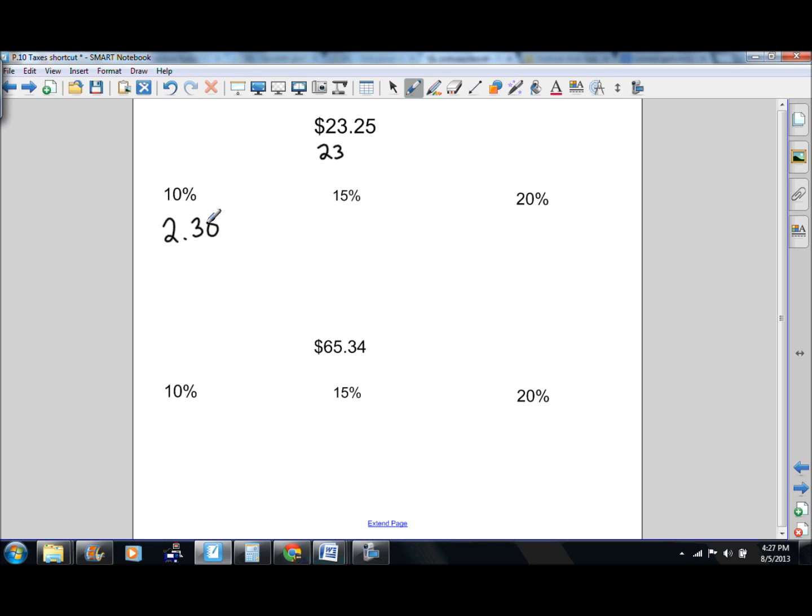Doubling that over here to the very far right would be 4.60. And now halfway in between those, well, we just do 2.3 divided by 2. That's 1.15. We go this number up by 1.15, gives us 3.45. And that right there is how much we should tip.